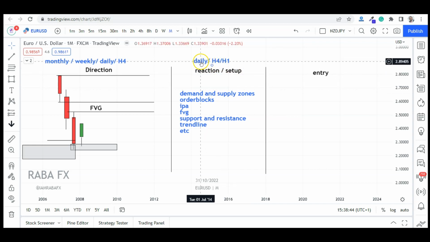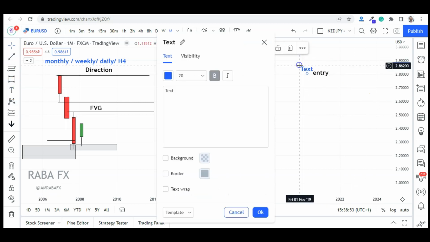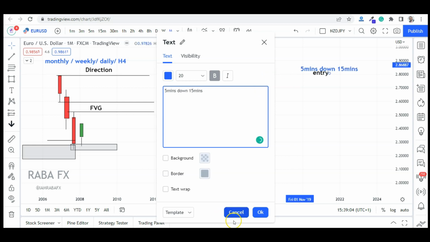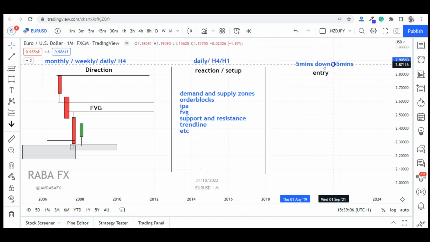So I will be looking for areas of reaction in here, daily, 4 hour, 1 hour. I'll be switching in between. Then my entry time frame is between 5 minutes down and sometimes 15 minutes.